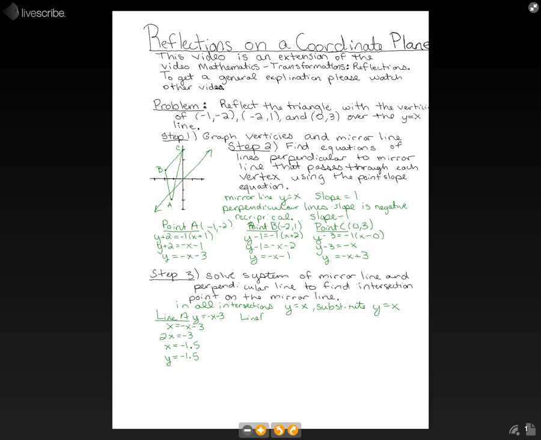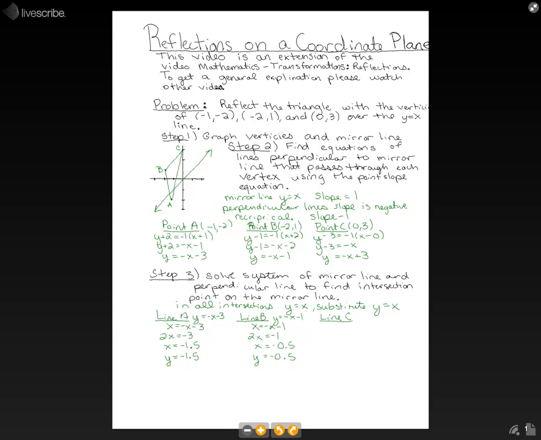I'll repeat this for line B, which has the equation of y equals negative x minus 1. When we do that, we'll have x equals negative x minus 1, 2x equals minus 1, x equals minus 0.5, therefore y equals minus 0.5.